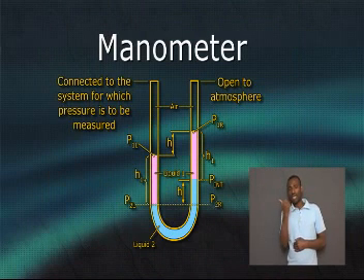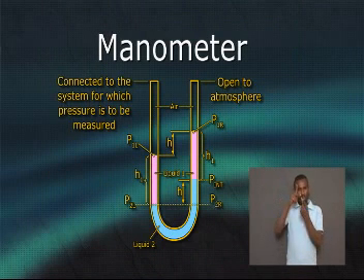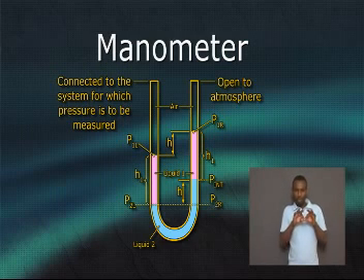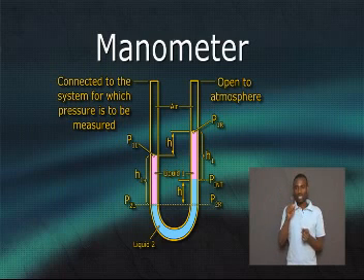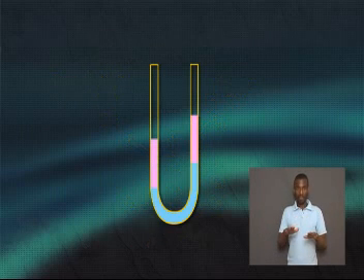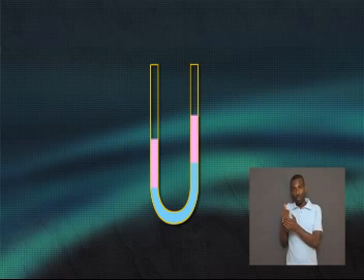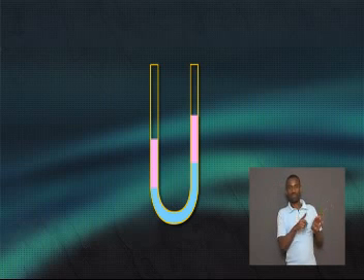Another instrument used to measure pressure is a manometer. A manometer measures the difference in air or liquid pressure by comparing it to an outside source, usually the Earth's atmosphere. In a manometer, one end of a U-tube is filled with the gas to be measured, and the other end is left open for a natural pressure level.